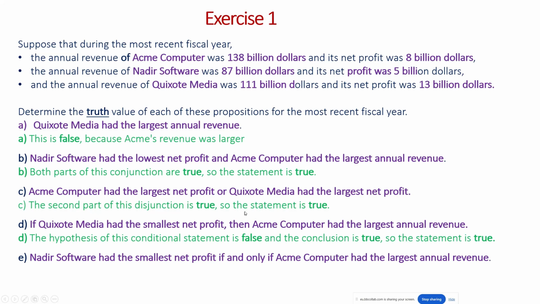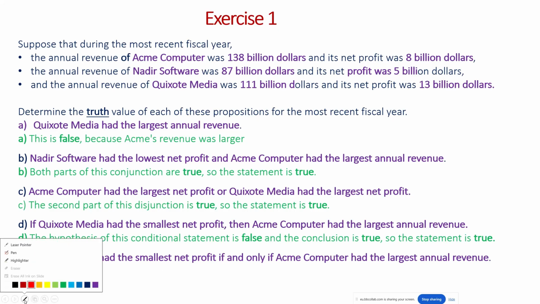Okay, there's a last one. Nadir Software had the smallest net profit if and only if ACME Computer had the largest annual revenue. You remember that with if and only if, both have to be true, or both have to be false, for it to be true. Anything else becomes false. This is the representation.